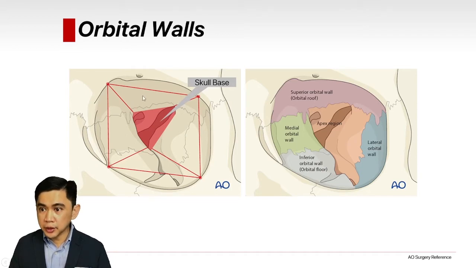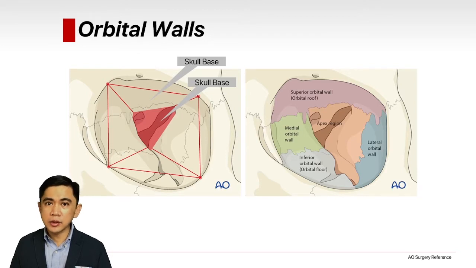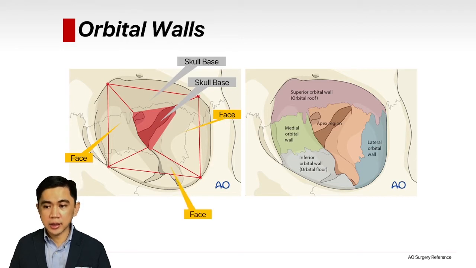We have the superior wall, we have the medial wall, because this is the middle side, we have the lateral wall, and we have the inferior wall, or the floor. The superior wall, or the roof, is still part of the skull base, but the rest of the walls belong to the face. So this is part of the facial skeleton.